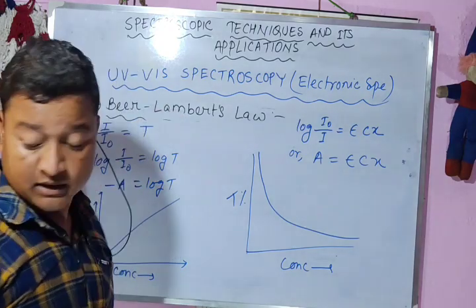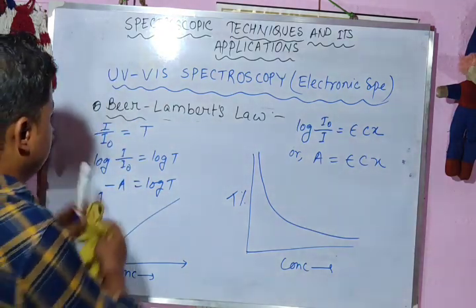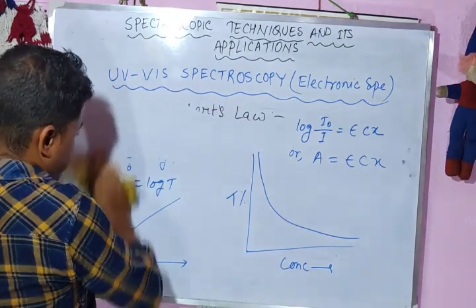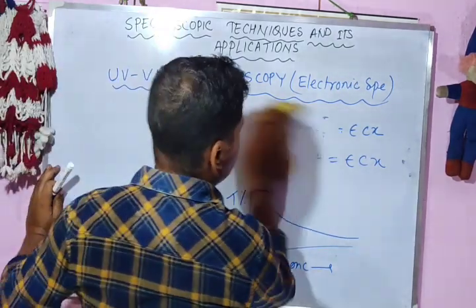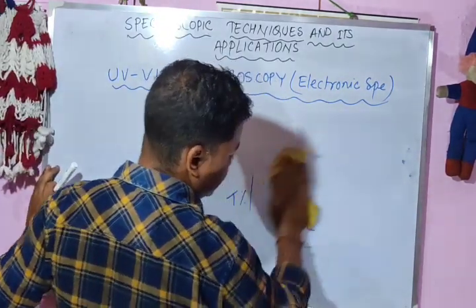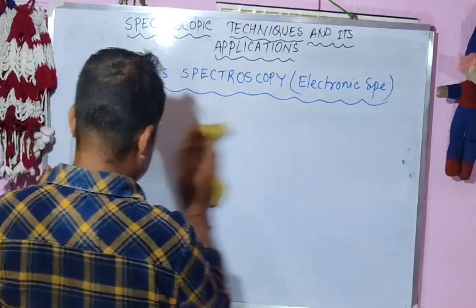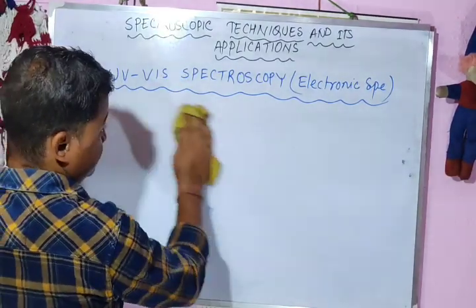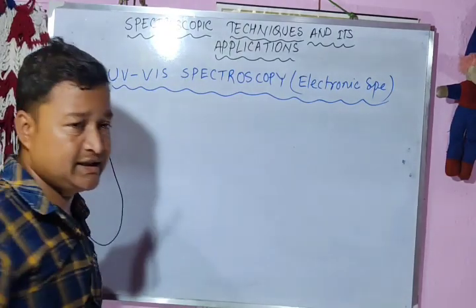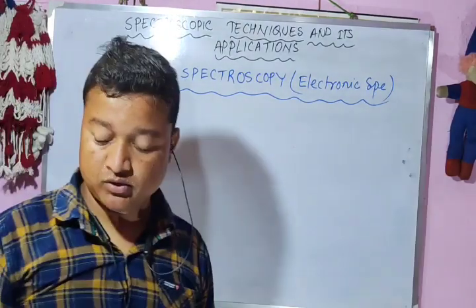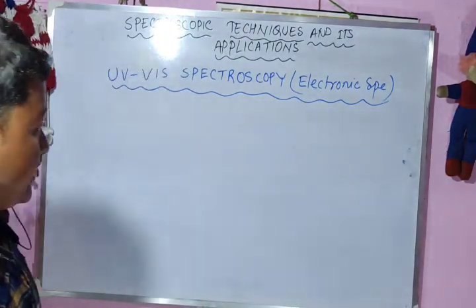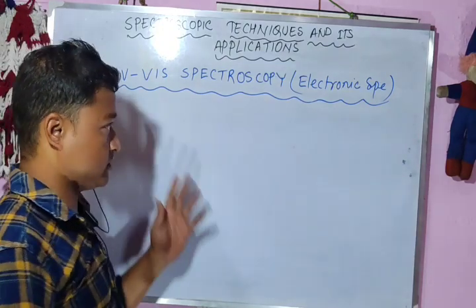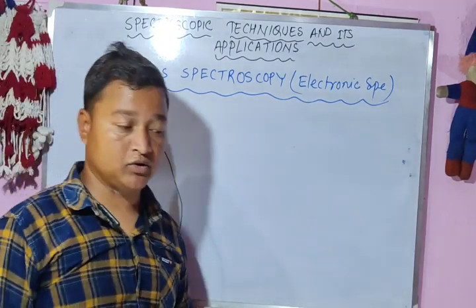And now we will discuss the main theme of UV visible spectroscopy, that is the theory of UV visible spectroscopy. So what happens in UV visible spectroscopy or electronic spectroscopy?